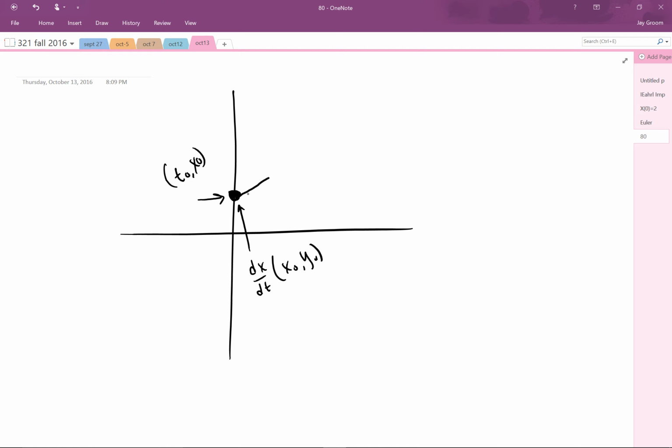Now, the Euler method says, hey, you're just going to use this here, even though the function might actually be doing this. You're only going to use the slope at the front end, which is obviously not a great idea. So what improved Euler says is this. You are going to use this point and this point to find a new y value.